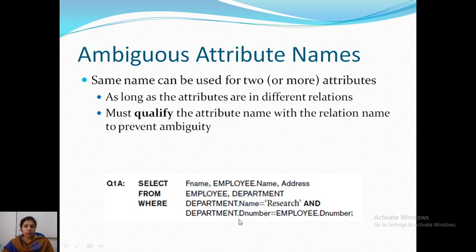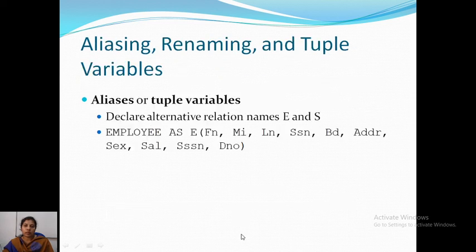Here we are assuming that in both relations the department number attribute is named DNUMBER. So to overcome this confusion about which attribute we are referring to, we have to specify the relation name or the table name. So department dot D number equal to employee dot D number. Like this we have to write.